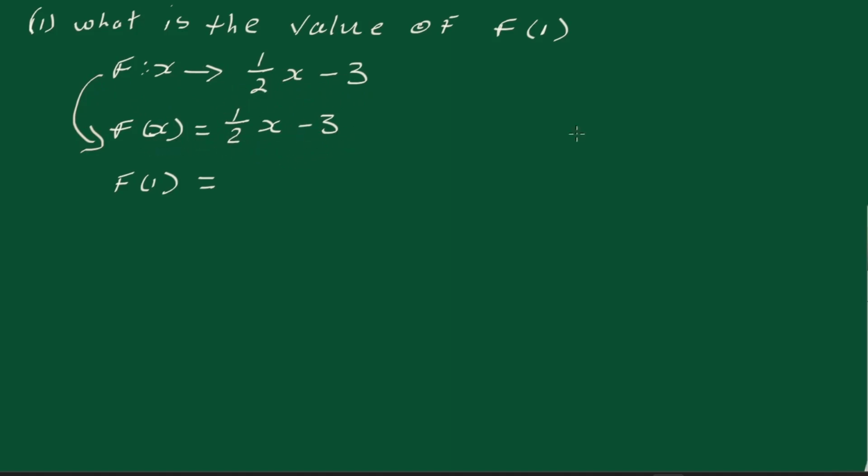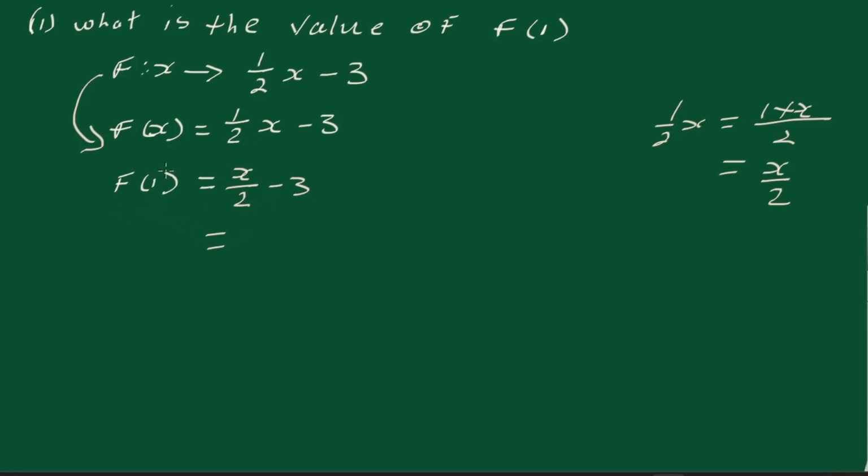Now before we start, a half x is the same as 1 multiplied by x all over 2. So it's x over 2. So we could replace it with x over 2 minus 3. So the function now is x over 2 minus 3.